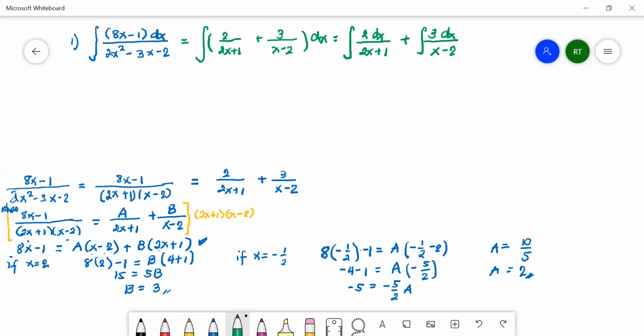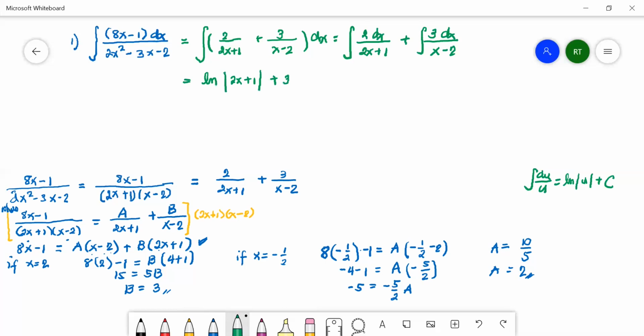Hence, we can use the formula that the integral of the differential of u over u, when the numerator is the exact differential of the denominator, leads to the natural logarithm of the denominator. Therefore, the integral of 2 dx over 2x plus 1 is the natural logarithm of 2x plus 1. Then plus, please take note that the second integral also leads to natural logarithm.